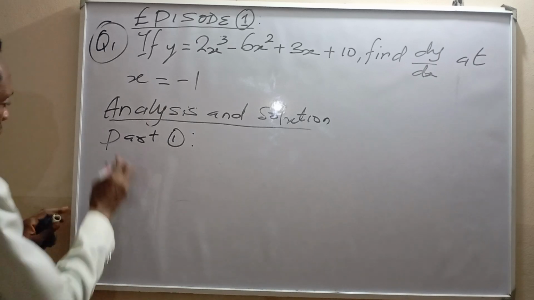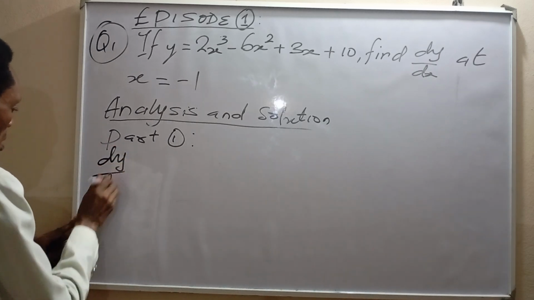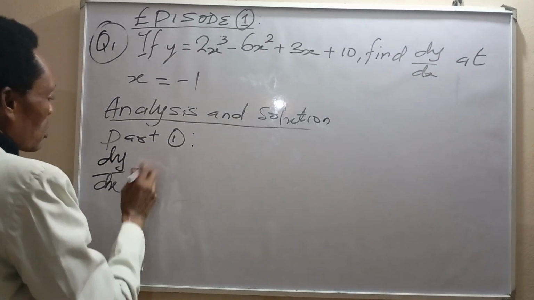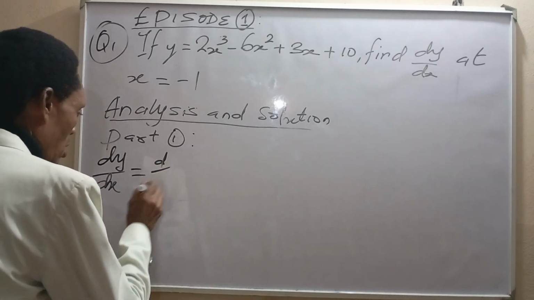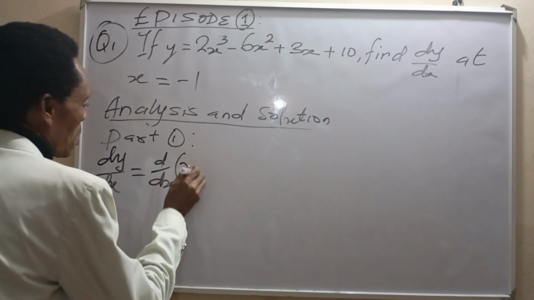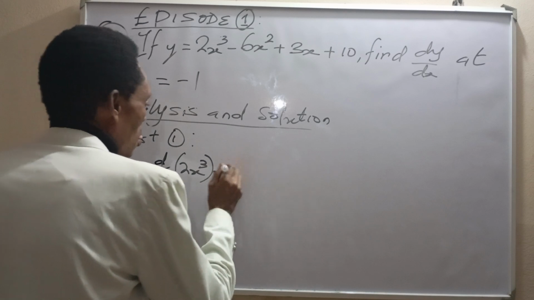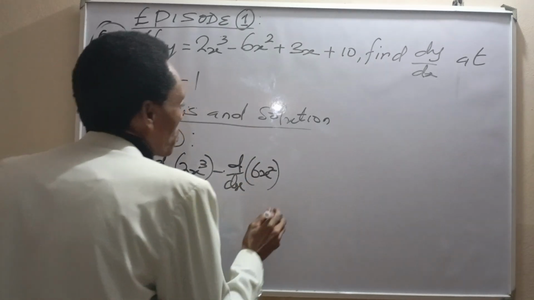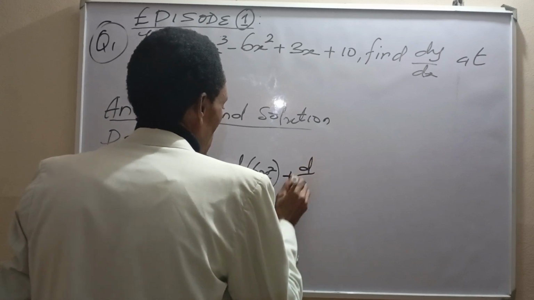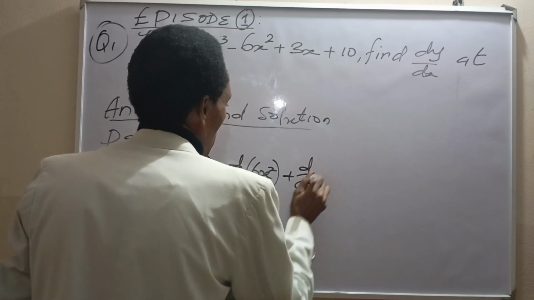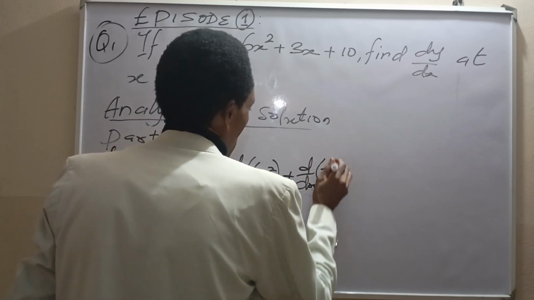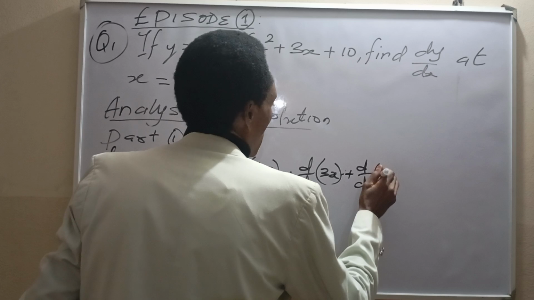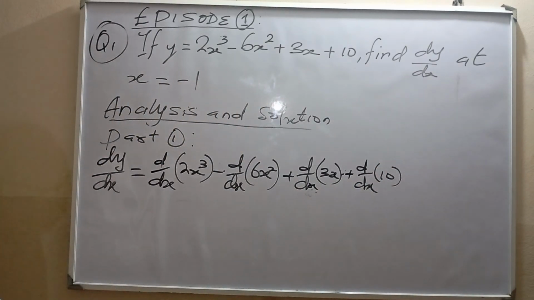So you start this way: dy/dx, starting with the question. So what we are looking for is dy/dx.